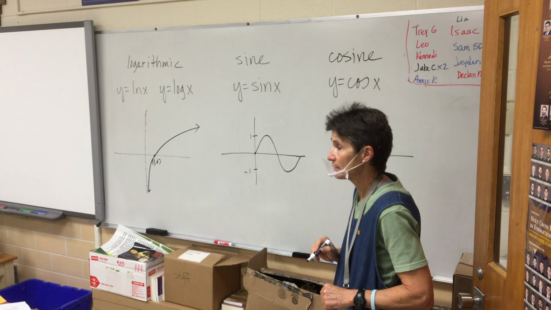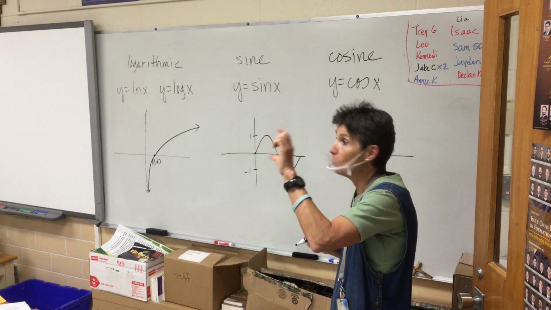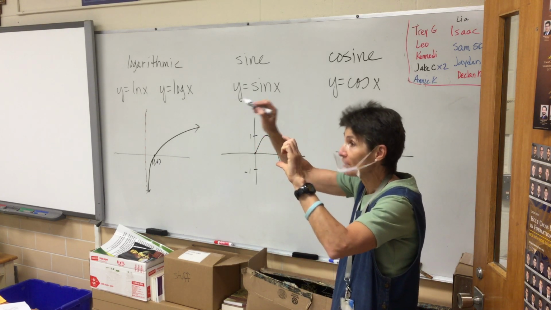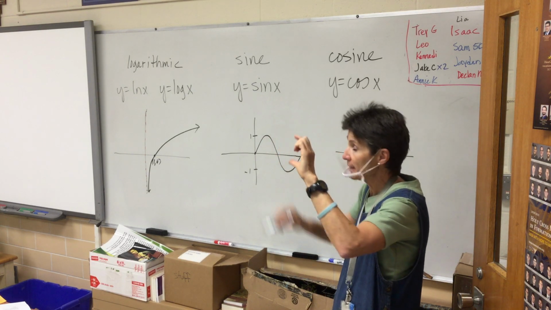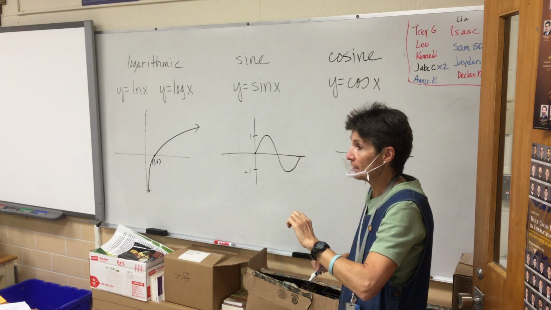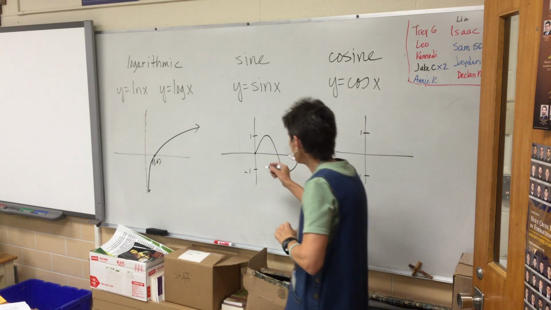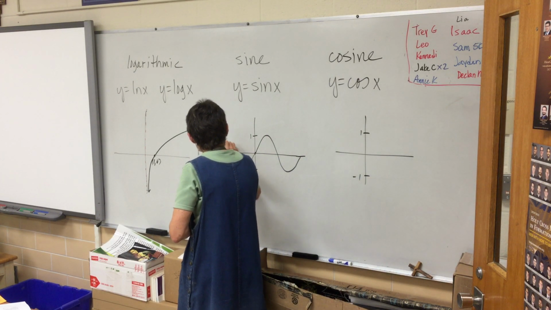Whatever, it needs to go up 1 unit. So however you've labeled 1 on your thing, it goes up 1 unit and down 1 unit. And then you have the same thing on the other side. So you've got a valley and a hill.